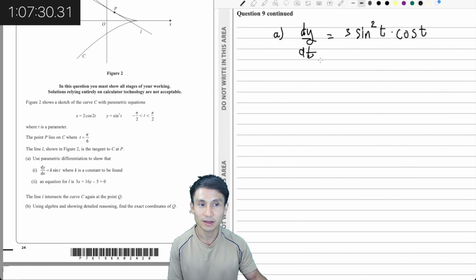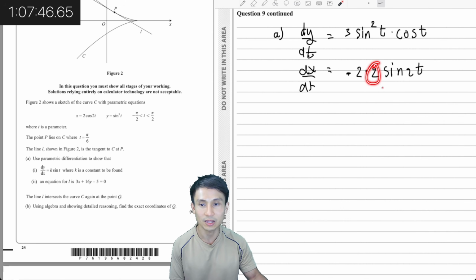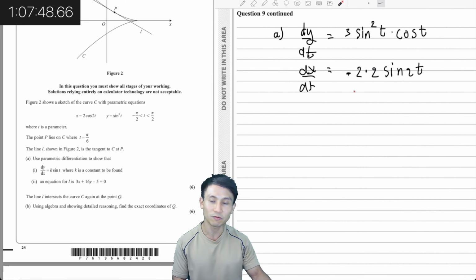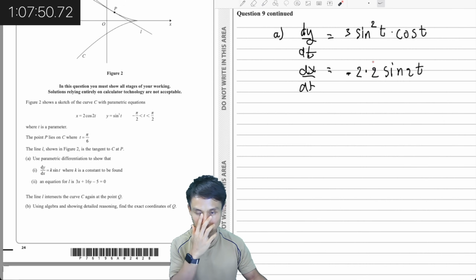And dx by dt is going to be equal to, well, differentiating cos, we get a minus sign, and then sine 2t, and then we bring the 2 out already because we use a chain rule to differentiate the angle as well.